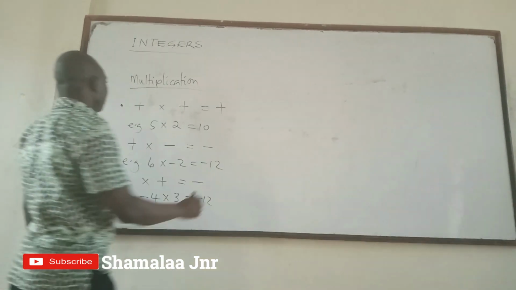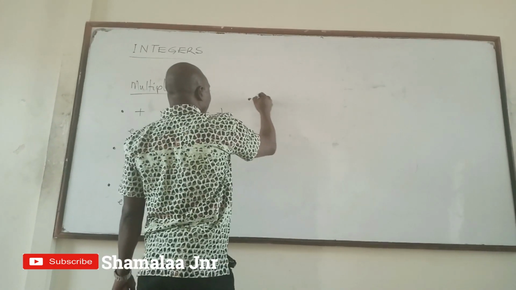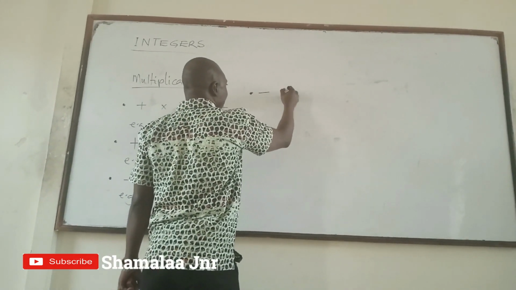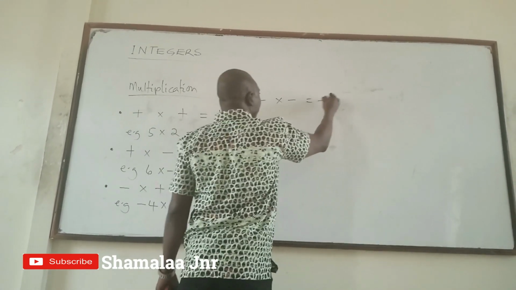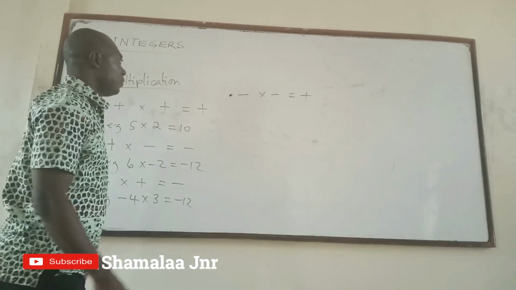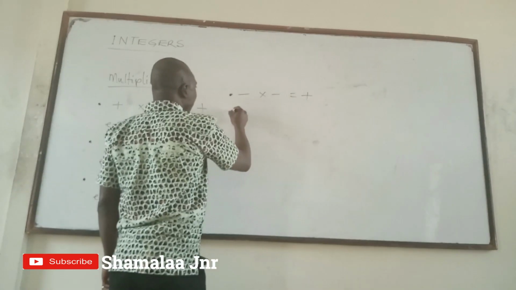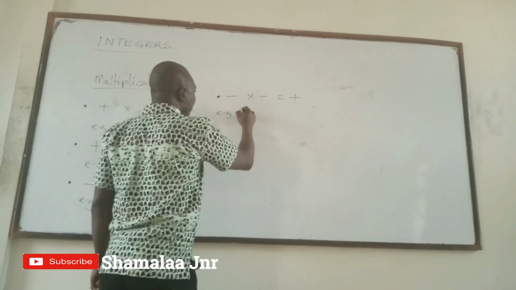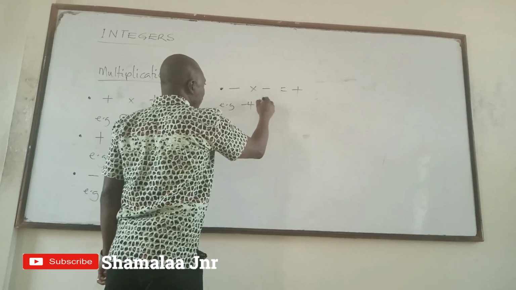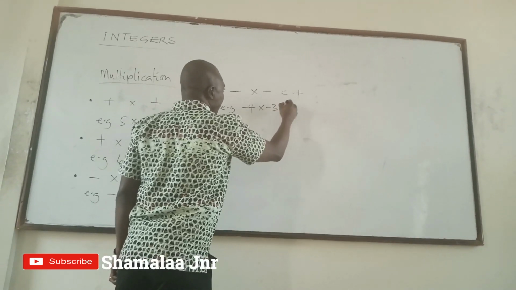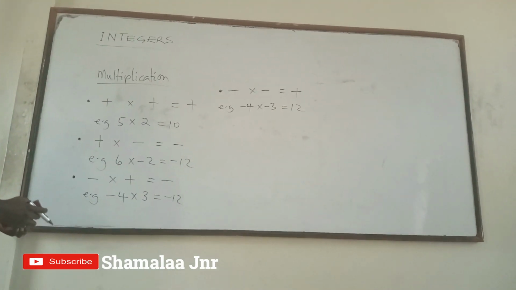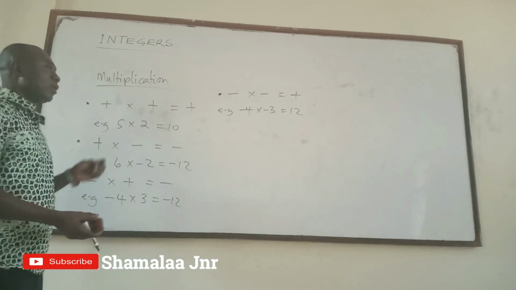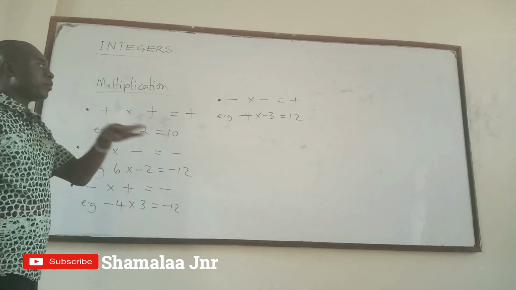And then the last one, when you have a negative number being multiplied by a negative number, you're going to have a positive number. So example, when you have negative 4 times negative 3, the answer is going to be positive 12. So normally what you do is that you say nege po.